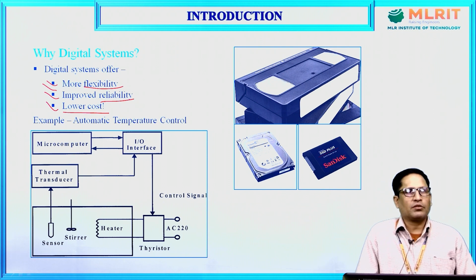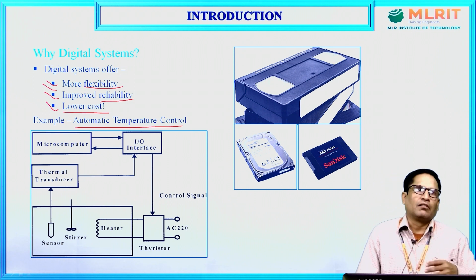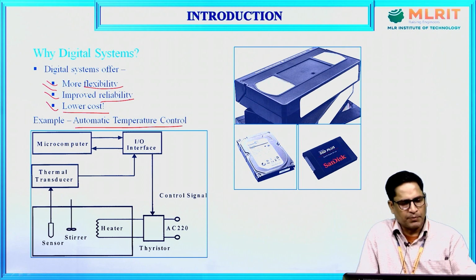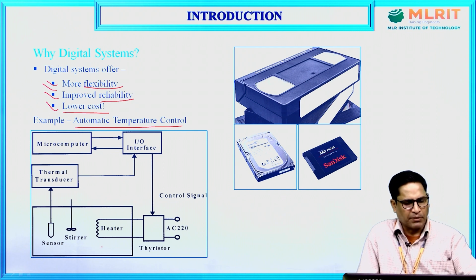Here we would also like to discuss one example. In this example, there is an automatic temperature control system, in which we use conventional sensors to check the temperature of a particular chemical, maybe a chemical in a plant, which must be maintained at some temperature.